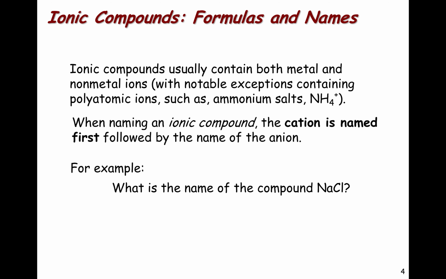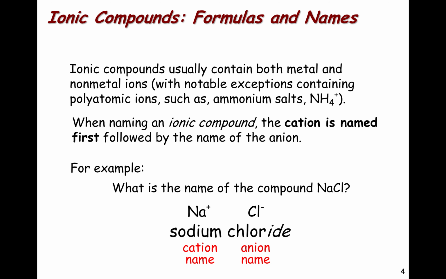So, for example, if you have something like NaCl, the cation which comes first in the formula would simply be named by naming the element, which is in this case sodium, and then we would name the anion, which in this case we use the root of the element's name. So chlorine has a root of chlor, and then we end that with the "ide" suffix, which indicates that it's negatively charged.